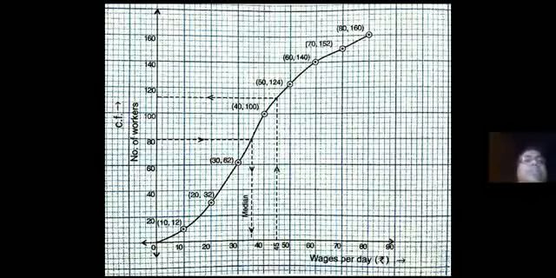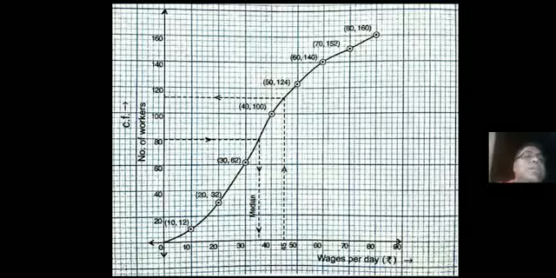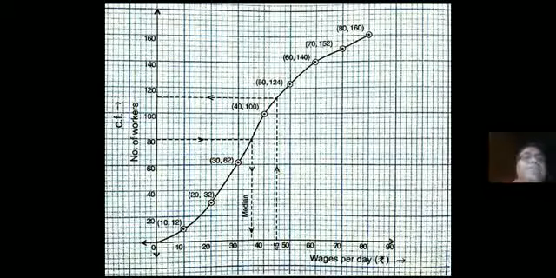So you can plot the graph by taking the cumulative frequency and the wages. The graph is plotted, you can compare it with the CF and wages values. The graph shows the median also.